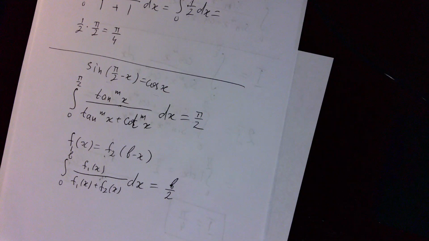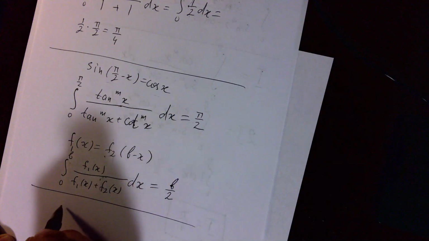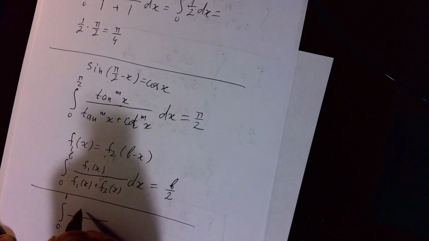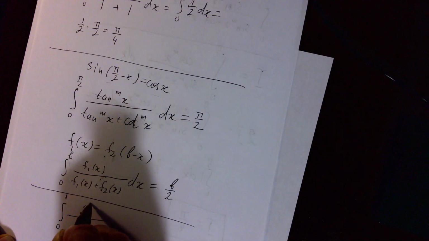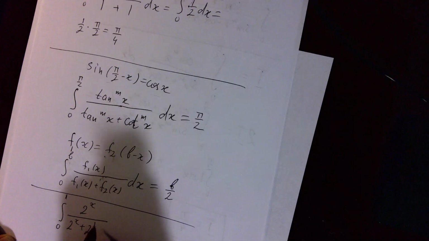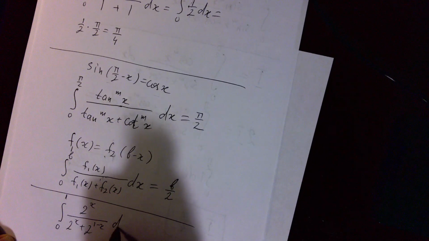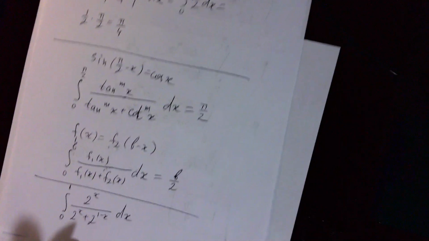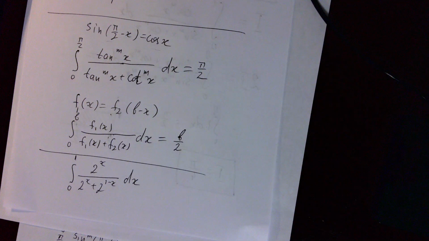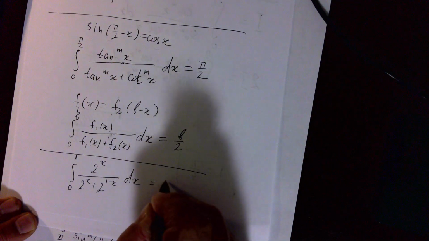As an example, I can write something like this: the integral from 0 to 1 of 2 to the power x divided by 2 to the power x plus 2 to the power 1 minus x dx. By the same reason, the result will be 1/2.